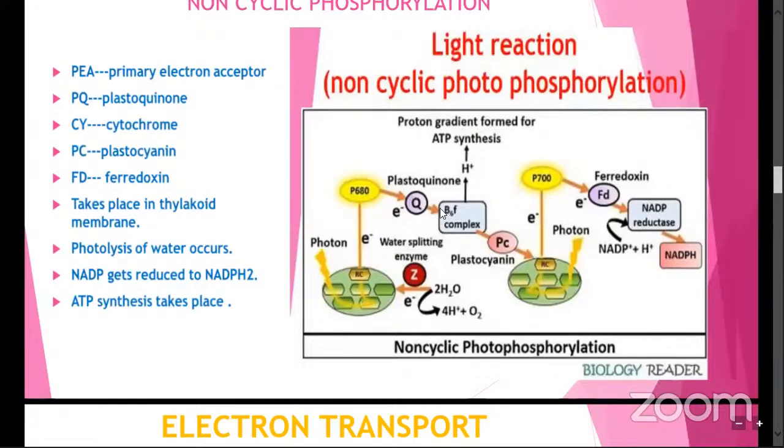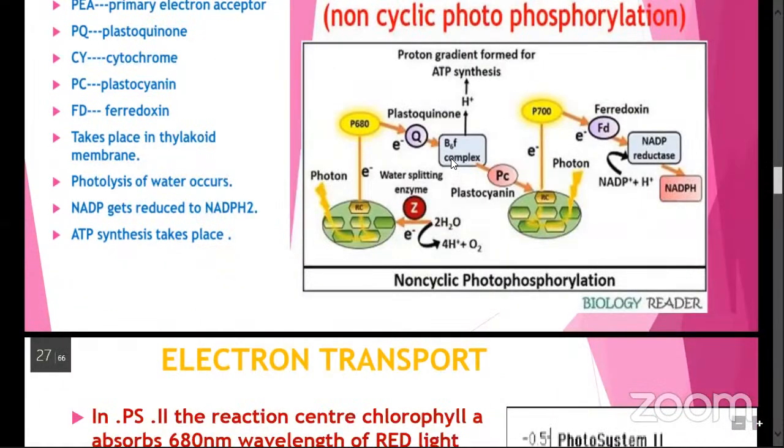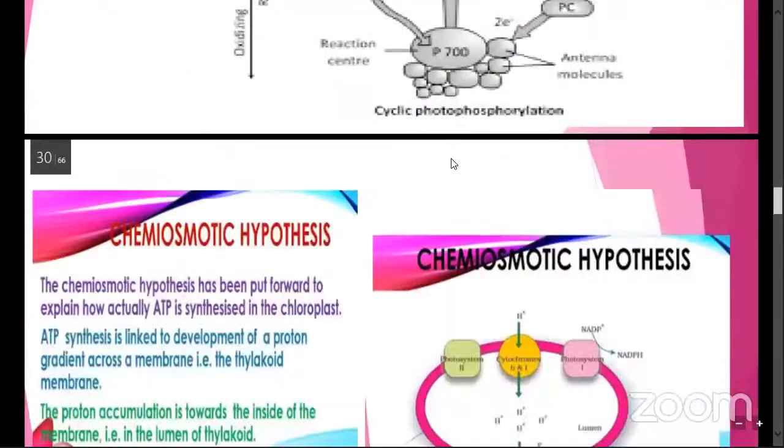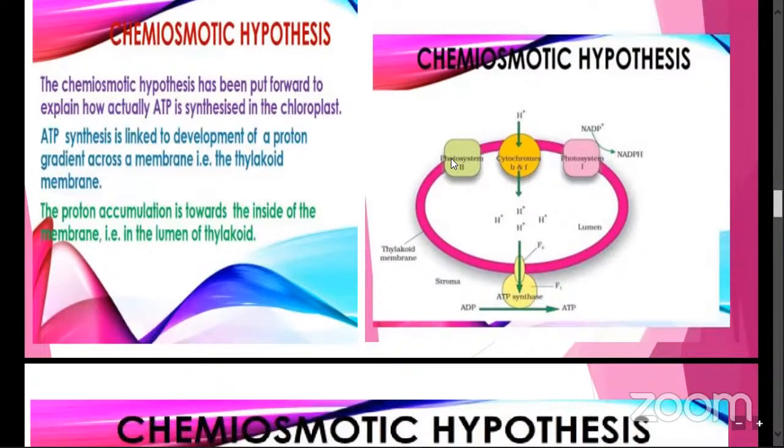At the cytochrome complex, by releasing energy, electrons move towards plastocyanin, and by using this energy, the cytochrome complex pulls the protons into the lumen of the thylakoid. So protons enter into the lumen. Here it is indicated in this way.